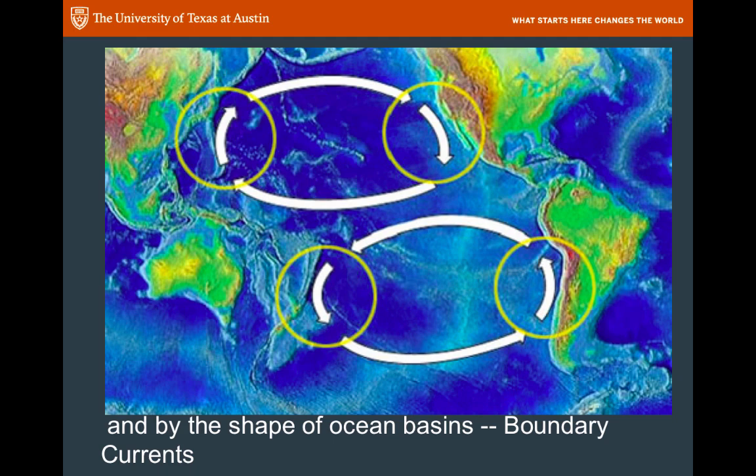Now, the other thing that really affects these ocean currents are the boundaries, the continental boundaries. So, of course, the current cannot continue to flow forever in one direction because it's going to run up against land and that's going to change the way it goes.